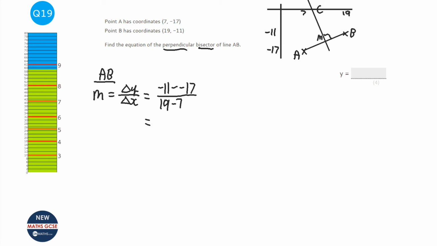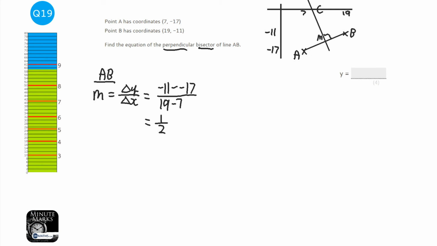Okay, so we've got minus 11 and then effectively plus 17, which is 6, divided by 19 take away 7. 19 take away 7 is obviously 12, so 6 divided by 12, which is a half. So the gradient of that is going to be a half.